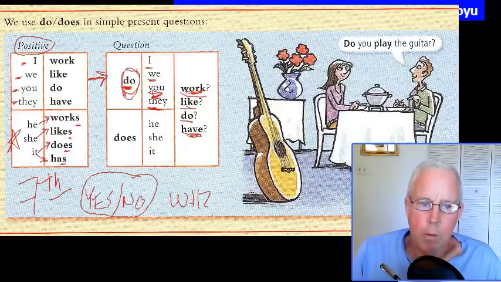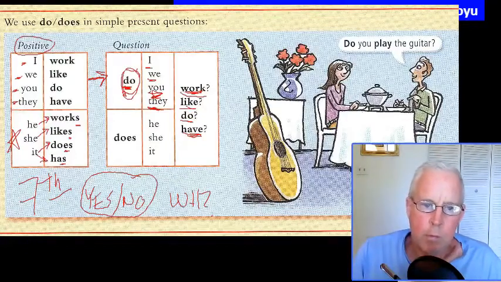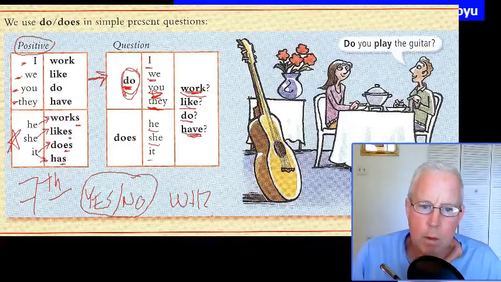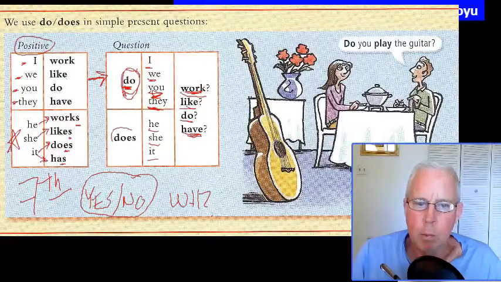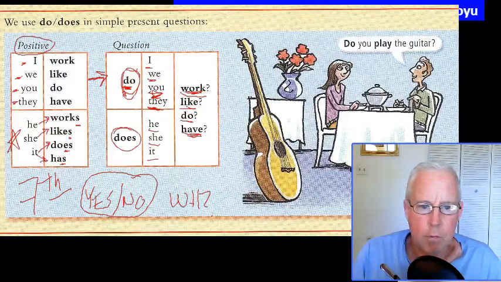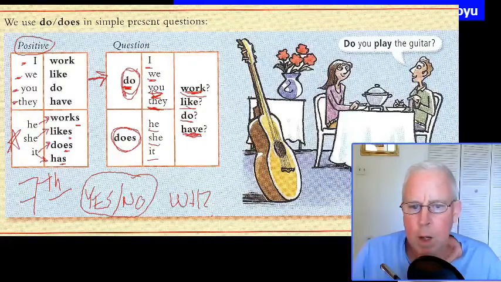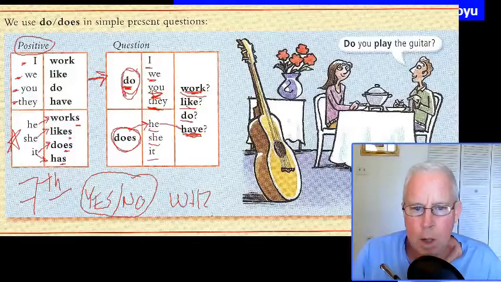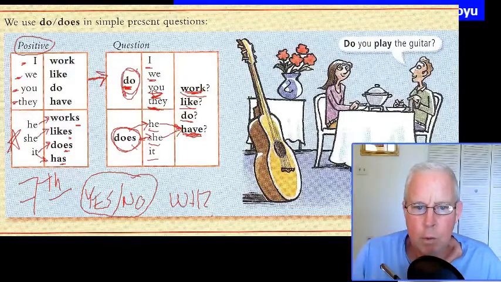Now, the only thing you must remember is if you're using he, she, it, it's a different helping verb. It's does. So I'll just use the verb have here. Does he have? Does she have?